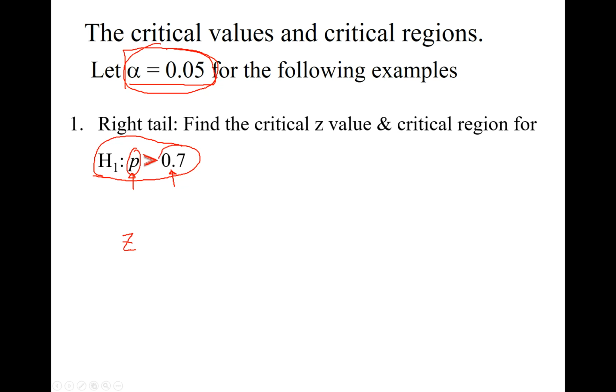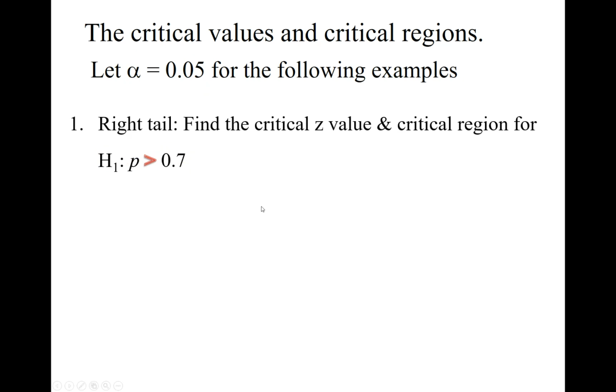This 0.7 you can use when you compute the test statistic. But when you find the critical value, it doesn't matter. All that matters is this, the greater than.